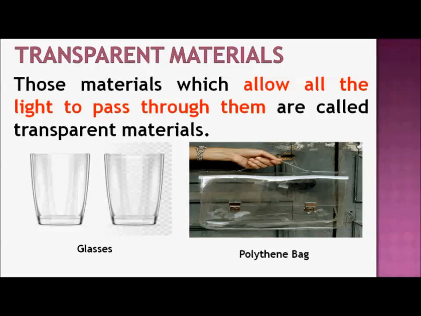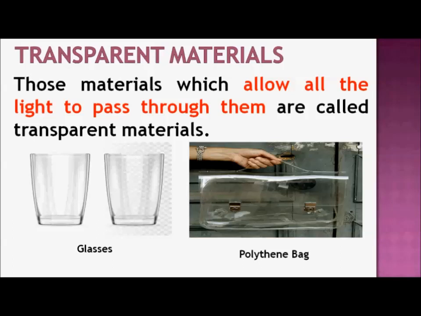Here I have given two examples, glasses and polythene bag. There are many more examples, air, water, groundnut oil, etc. These all are transparent materials. They allow almost all the light to pass through them. We can see clearly through the transparent materials.